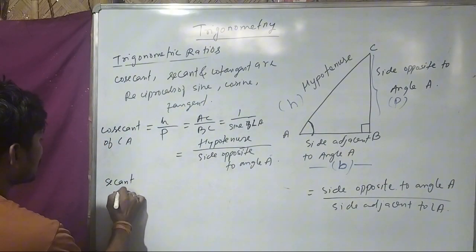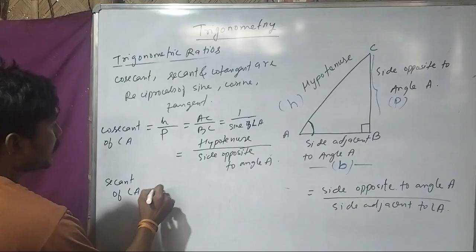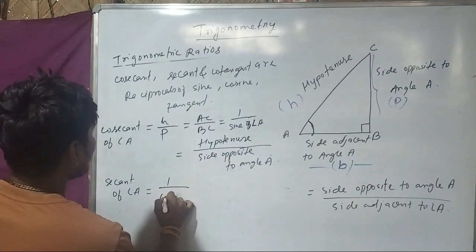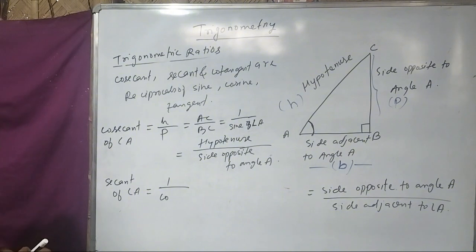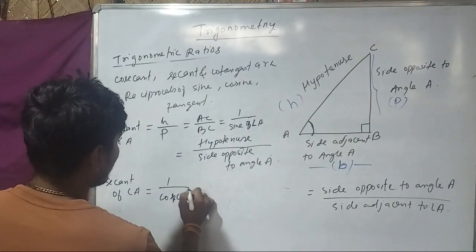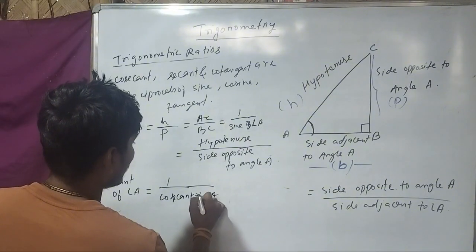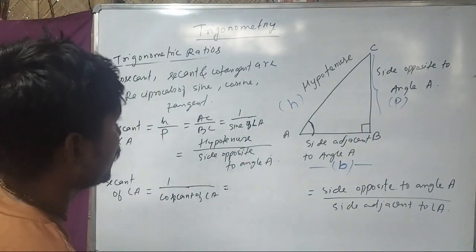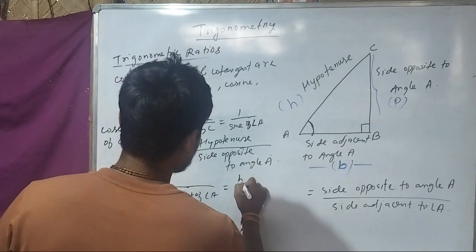Now cosecant, then secant. Secant of angle A we can write as 1 by cosine of angle A. Cosine means base by hypotenuse, so secant is hypotenuse by base.